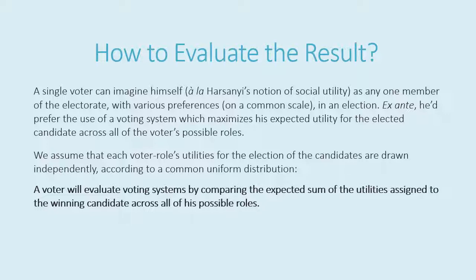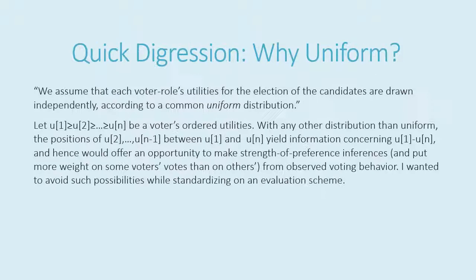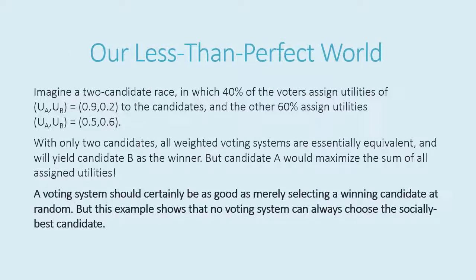In this case, he'd prefer the use of a system which maximizes expected utility of the elected candidate across all the different roles he might hold. Even in the two-candidate case, that socially best candidate might lose the election if a majority of the voters have opposing weak preferences.